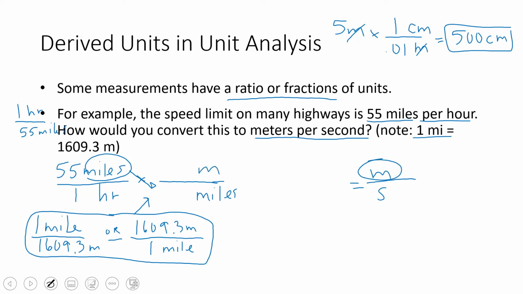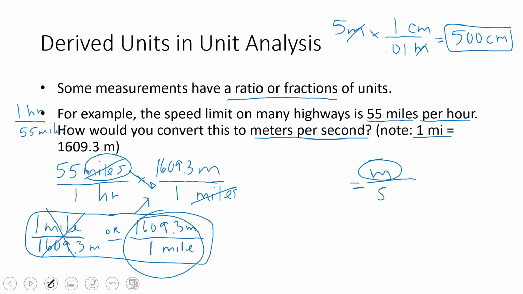So I need to use the conversion factor that has meters on top, miles on the bottom, which is not this first one, it's this guy. So I'm just going to write this conversion factor right here, 1,609.3 meters in 1 mile. Well, that'll cancel my miles out.